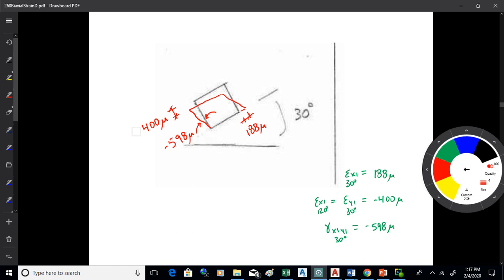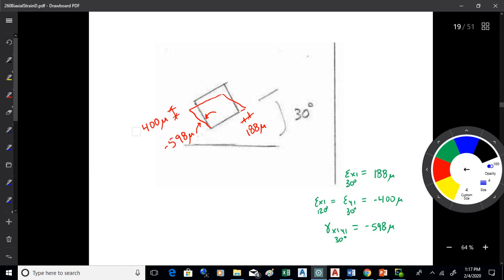We have epsilon x1 is 188, epsilon y1 is negative 400, and gamma x1y1 is negative 598. So in the x direction it stretches and gets longer, in the y direction it gets shorter, and then that original 90-degree angle changes. It becomes bigger because a negative shear strain makes for a bigger angle.